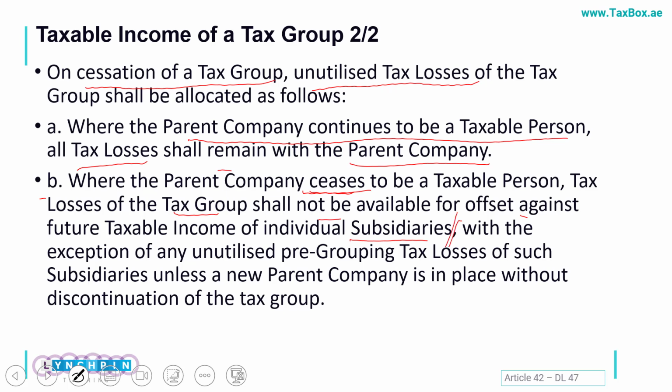When a tax group ceases to exist and the parent company also ceases to exist, in that case all historical tax group losses will not be available for future adjustment by the individual subsidiaries, except if there were any unutilized pre-grouping tax losses of any subsidiary.